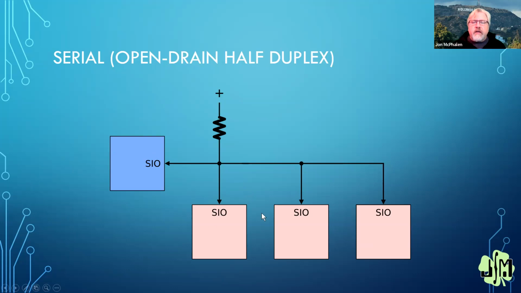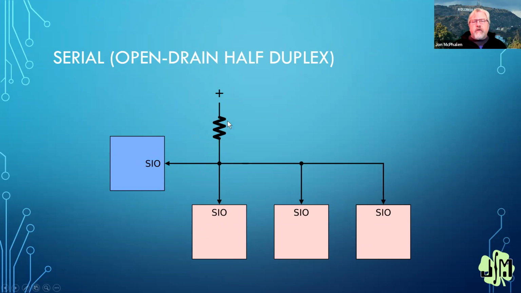Sometimes we'll connect microcontrollers together on a bus. This is an open drain or open collector half duplex bus. So only one device is going to talk at a time. And usually the protocol will include a message, some kind of addressing, so we can indicate which device we want to talk to.